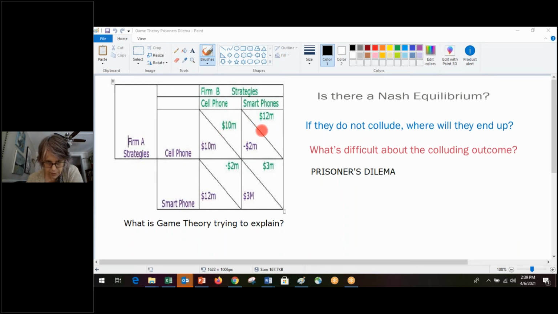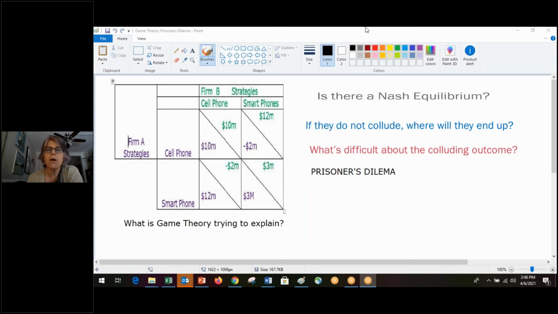So he moves over here. Firm B has a clear incentive to move here. And when they move there, the cell phone firm goes to -2. Same thing with the purple firm, firm A. If you're here, you make an agreement, you're both going to make cell phones. There's such an incentive to cheat, because if you cheated, you would end up here.